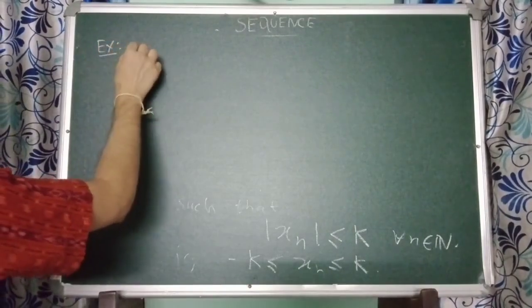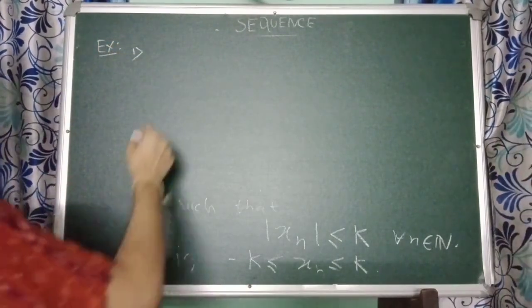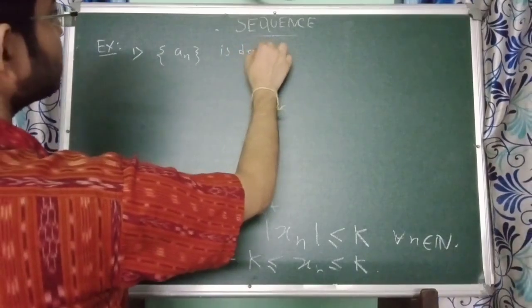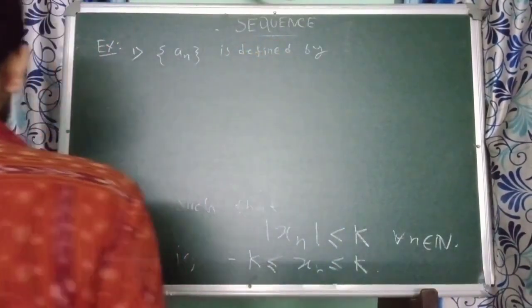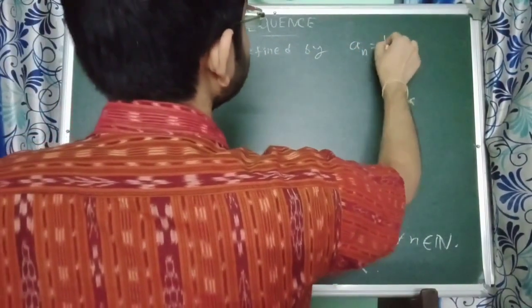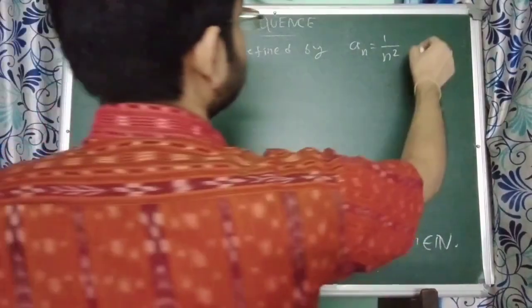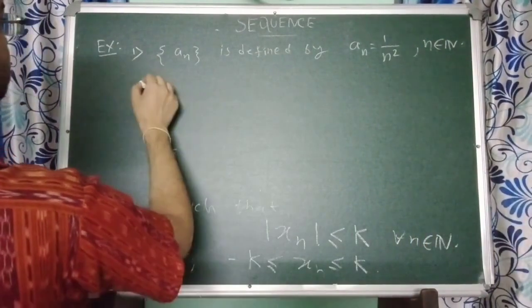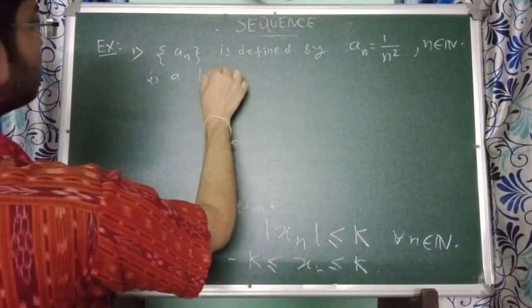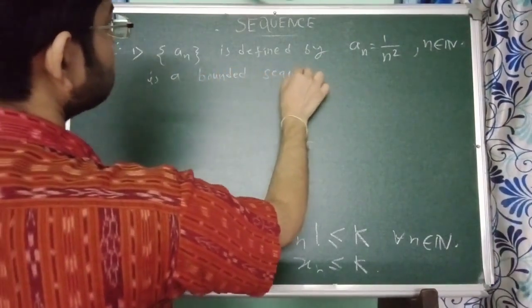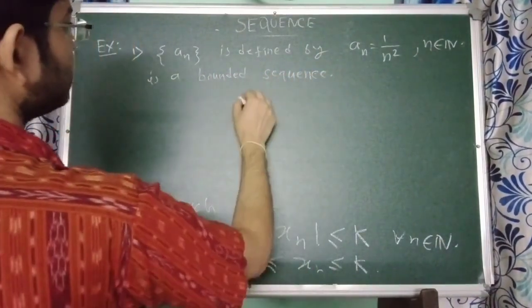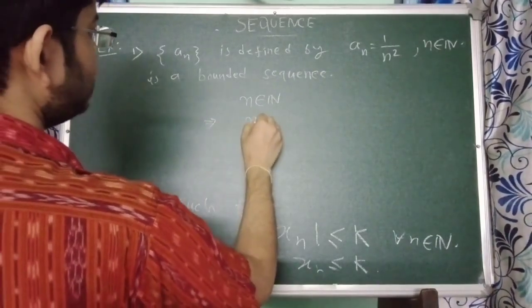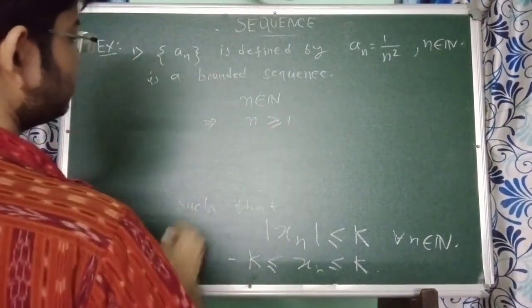First example: the sequence an is defined by an equals 1 by n square, where n belongs to the natural numbers. This is a bounded sequence, since n belongs to the natural numbers, which means n is greater than or equal to 1.